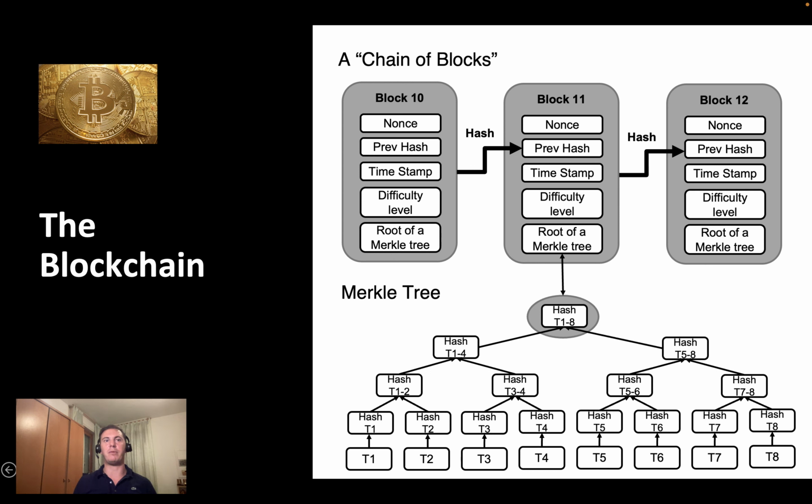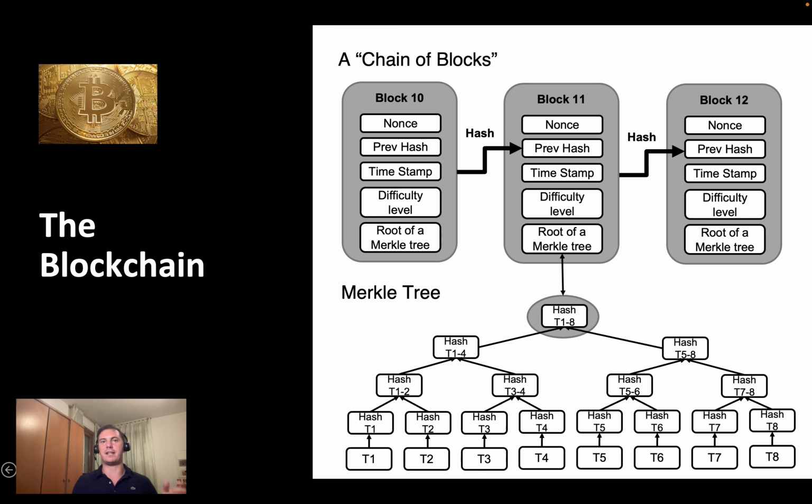Let's say for simplicity that a block has 8 transactions. Every transaction will have a hash, and they will be combined in couples of hashes to make a new hash. So the hash of transaction 1 and the hash of transaction 2 will be combined and hashed, creating the hash T1,2.